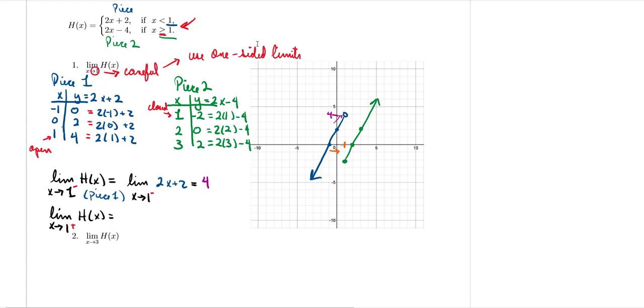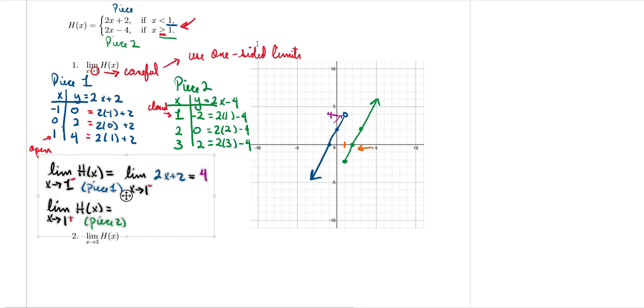Now what about the limit as you're approaching 1 from the right hand side? As I am approaching 1 from the right hand side, it looks like the function is behaving like piece 2. So I'll just put here piece 2.